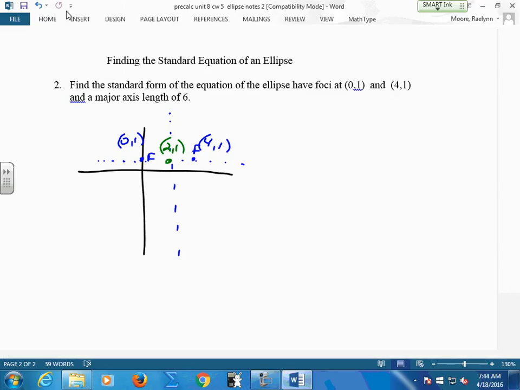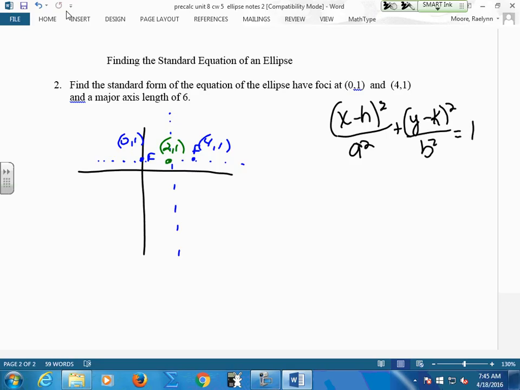So which one is your major axis, the x or the y? The x. The translated x is your major axis. So you know it's going to follow this format. And we know it's not 0, 0 because it's not sitting right in the middle of my graph. So what's the value of C between the midpoint and the foci? 2. And they gave you the major axis length is 6. That means it goes 6.